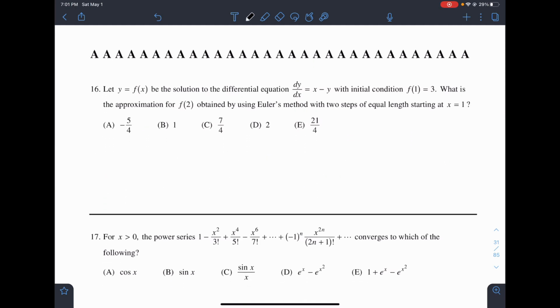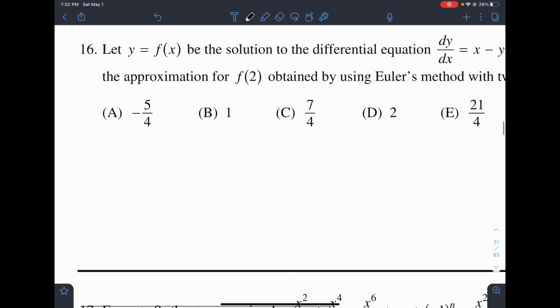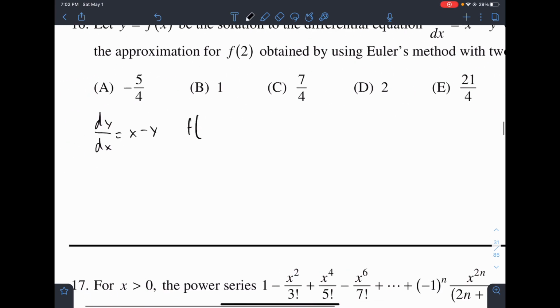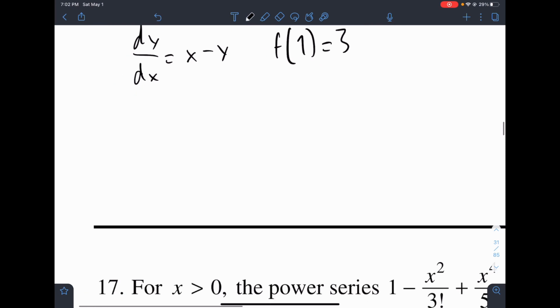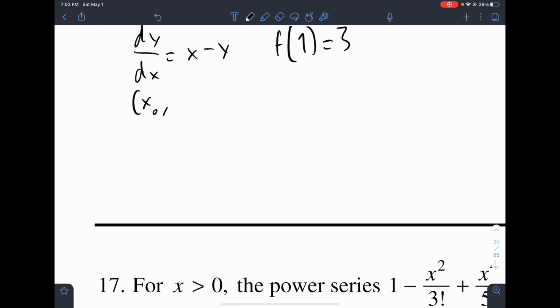16, this is an Euler's method question. So what we're going to do, we're going to write dy/dx equals x minus y, and f of 1 is 3. So first we're going to establish our x0, y0, and we know from the problem this is 1 and 3.